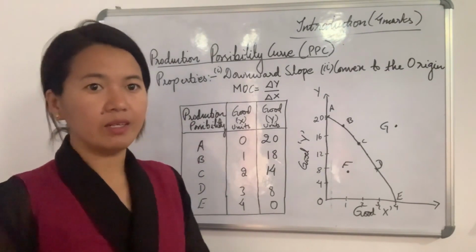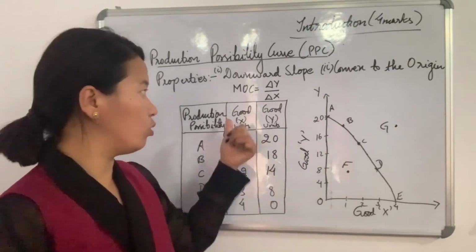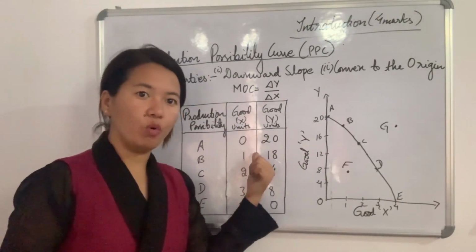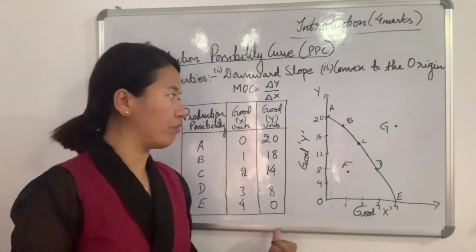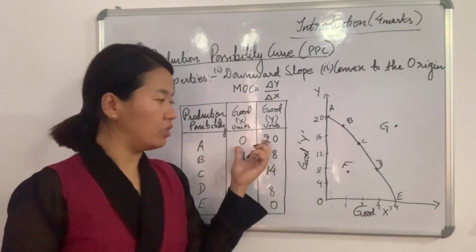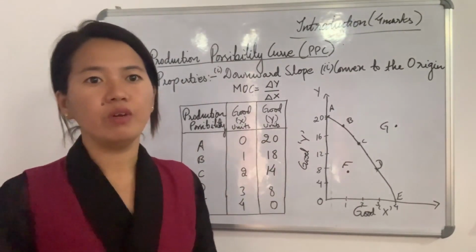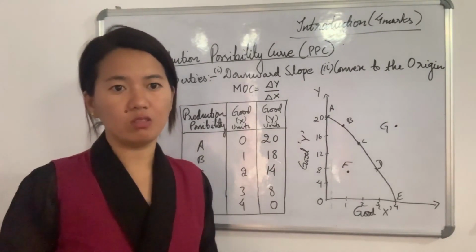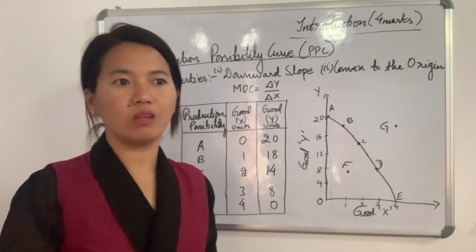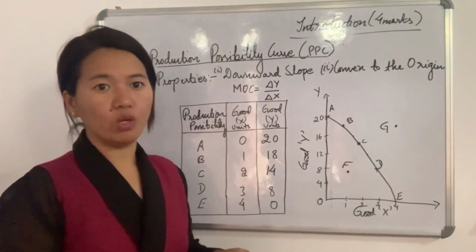It is because there is an inverse relation, or an opposite relation, between good X and good Y. That means that when we are producing more of good X, we are sacrificing good Y. These two goods, we cannot produce more of at the same time. Since we have limited resources, we can produce more of good X only when we sacrifice good Y. Therefore, we have a downward sloping PPC.